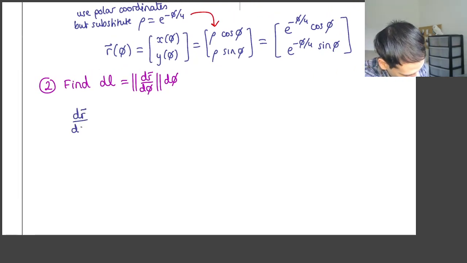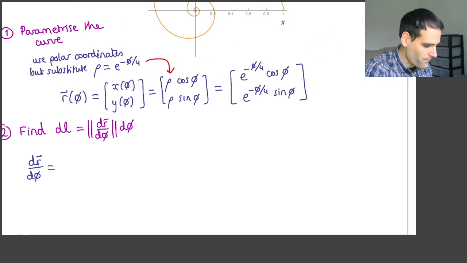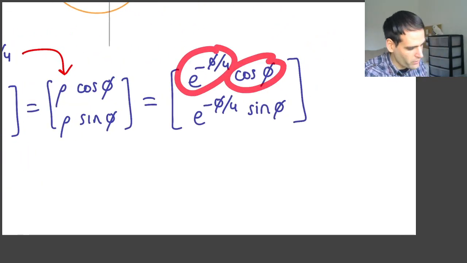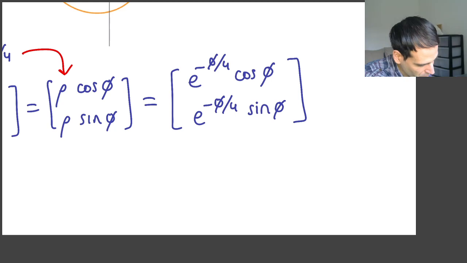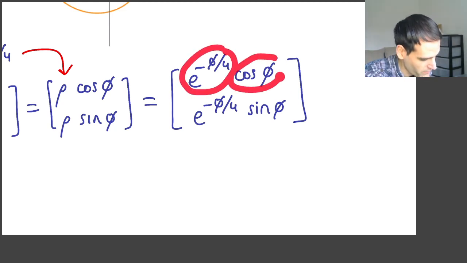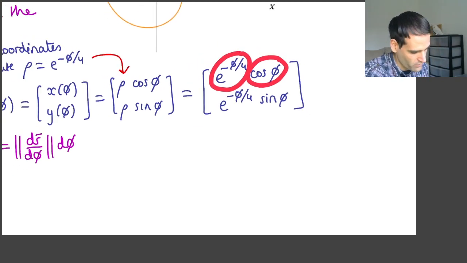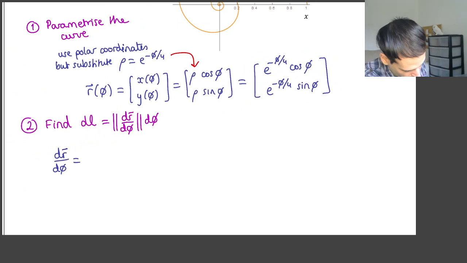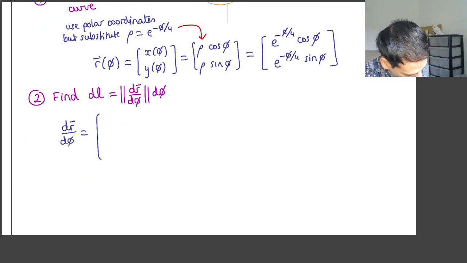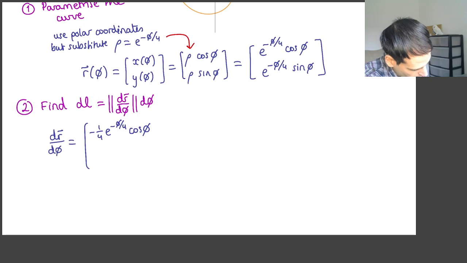dr with respect to phi. So we need to calculate the derivative of this. Since this is a function of phi multiplying another function of phi, we are going to have to use the product rule. So it will be the derivative of this times this without derivative plus this without derivative times the derivative of this. Okay? So you do that and you get for the first component that this is equal to minus 1/4 e to the minus phi over 4 cosine phi, and then plus the minus sign, so minus e to the minus phi over 4 times the sine of phi.